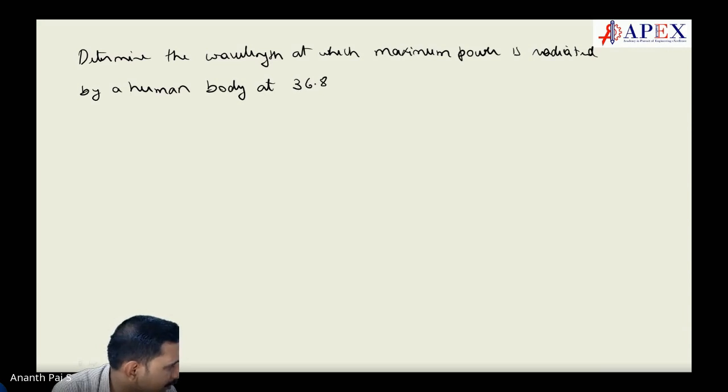The human body temperature is 36.8 degrees centigrade. Correct, no?